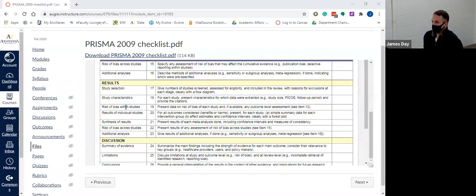Ideally, it should be about 2.5 paragraphs. It should be about a sentence, maybe 2 sentences for each step or each column. That should be all you need.